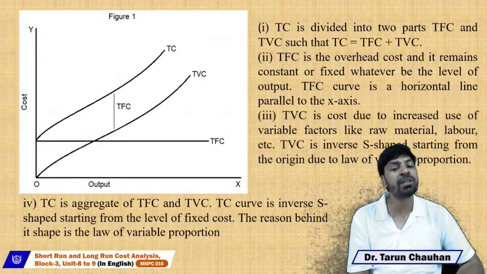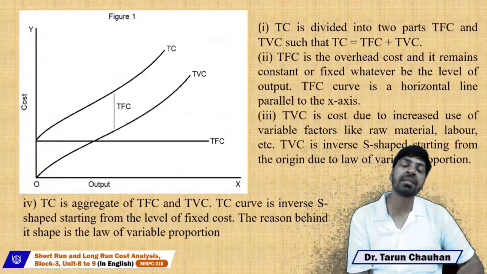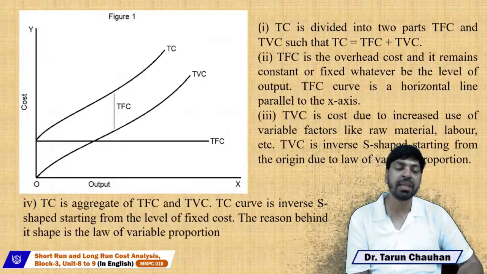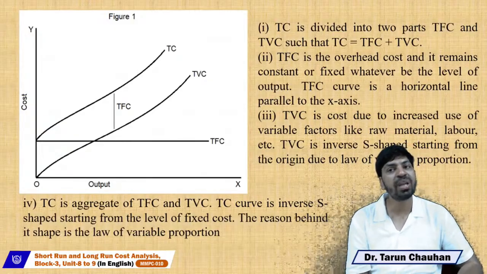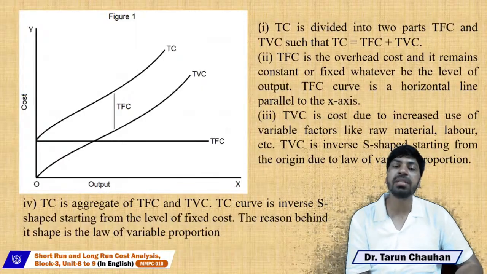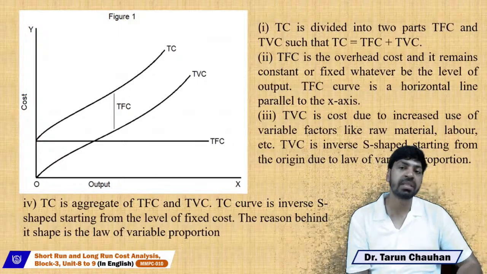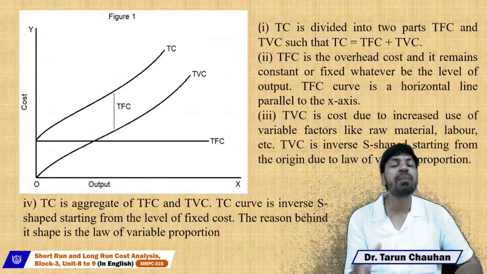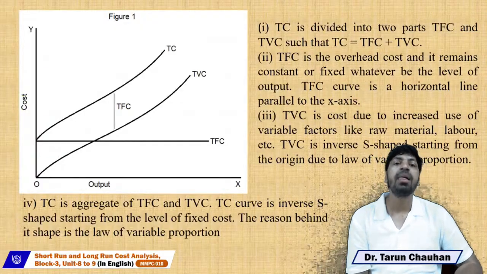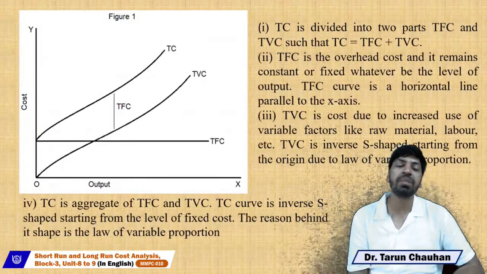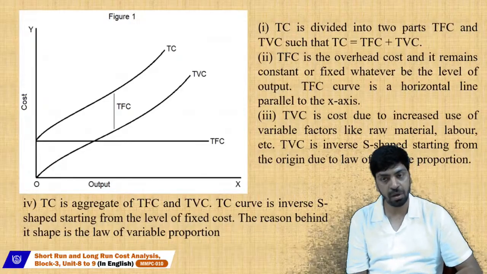So this is how the relationship between the total cost, total fixed cost, and total variable cost is shown through the diagrammatic presentation, following the explanation given in these four main points.